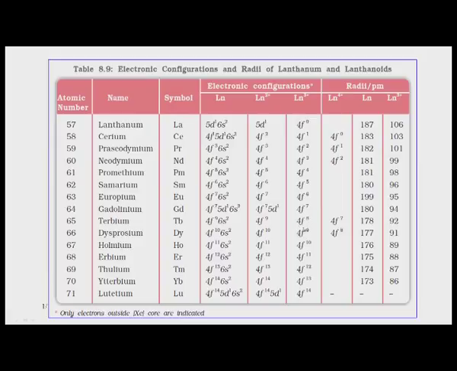So, they have some extra stability for the half filled shell, as we all know for the D5 situation in the transition elements. Similarly, for terbium as well, we get this particular oxidation state as 4F7. So, these are the positions.